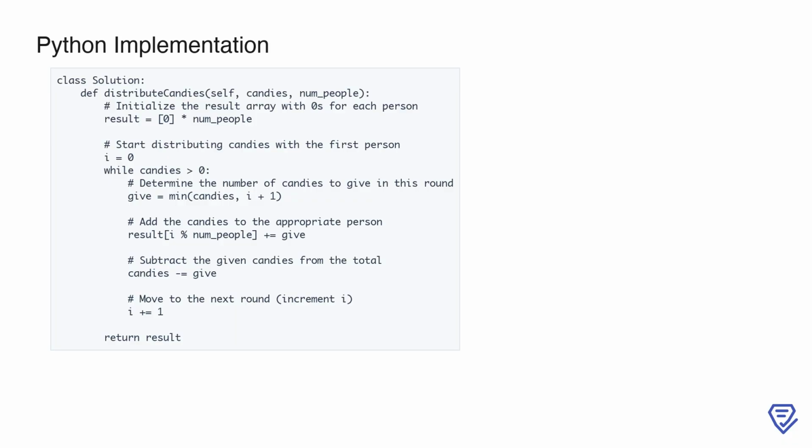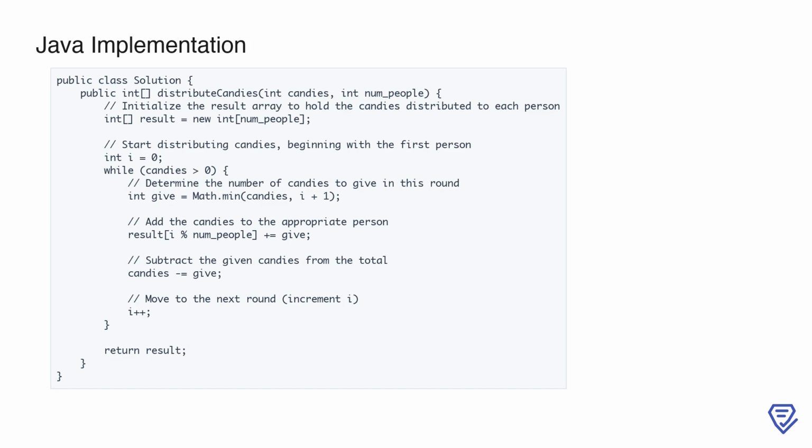This approach efficiently distributes the candies in O(k) time, where k is the total number of candies, as each iteration of the loop distributes at least one candy. The use of modulo % ensures the distribution cycles through the people repeatedly without extra checks. This is the Java implementation for LeetCode problem number 1103, Distribute Candies to People.